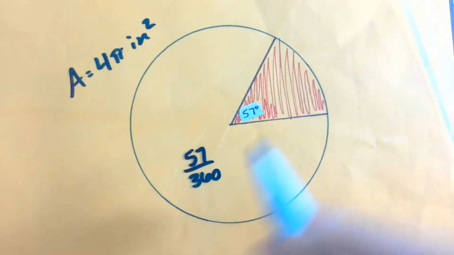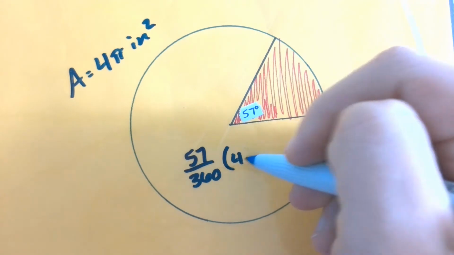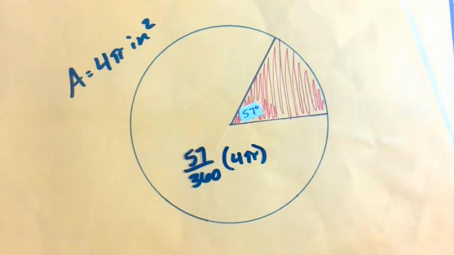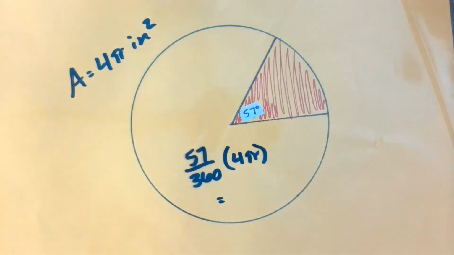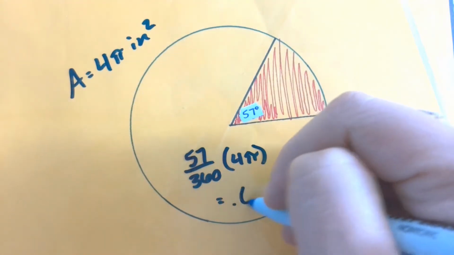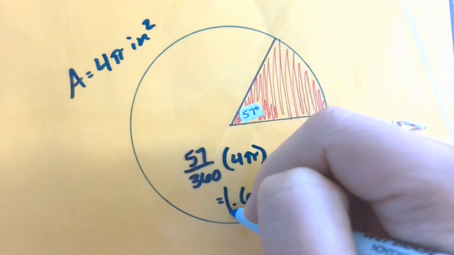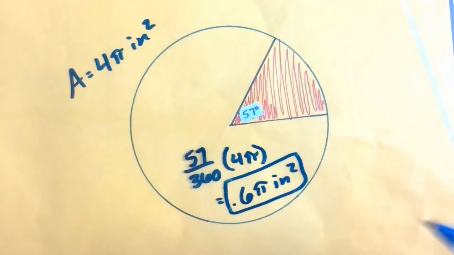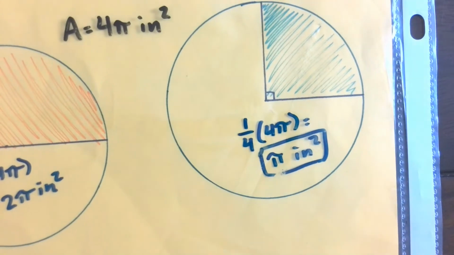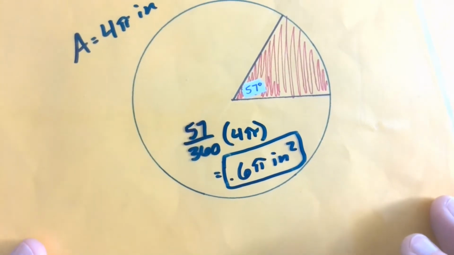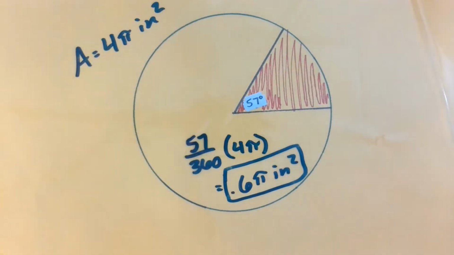So we've got 57 over 360 times 4 pi. We'll get about 0.6 pi inches squared. But you knew it was going to be smaller than 1 pi, because the quarter of a circle was 1 pi. So it's okay that it's 0.6 pi.